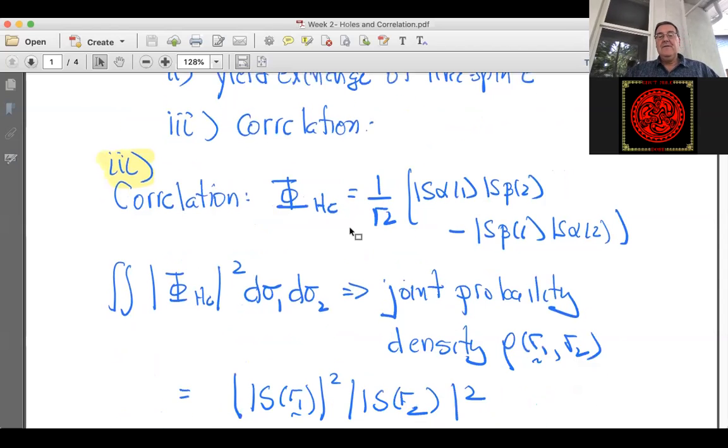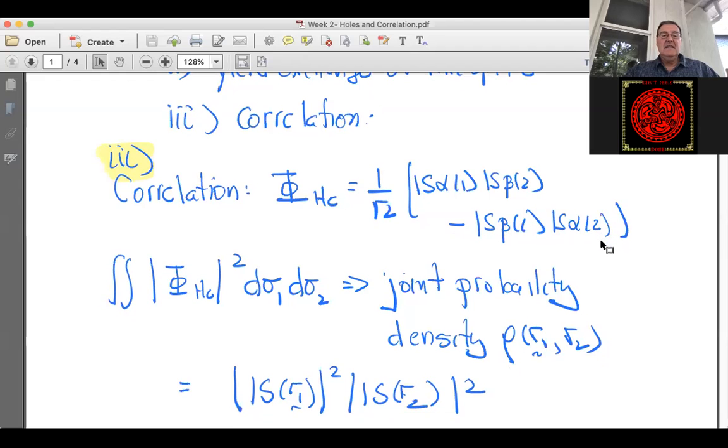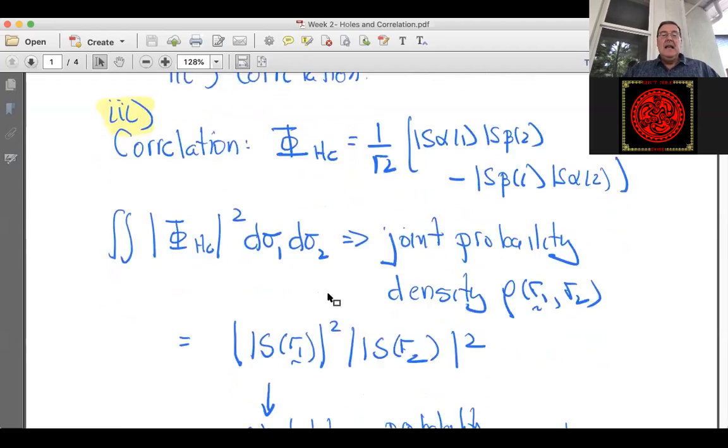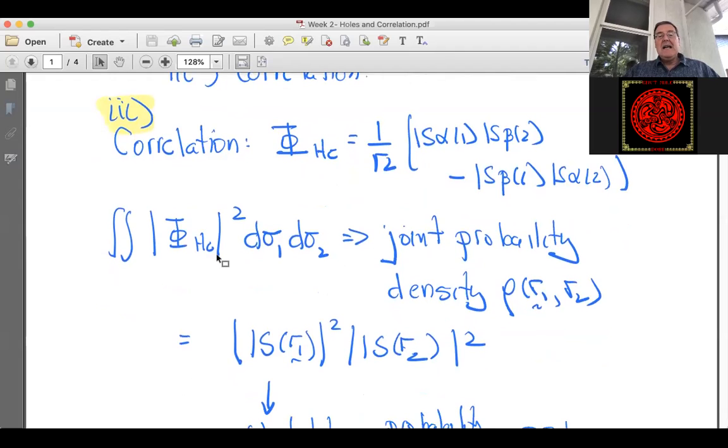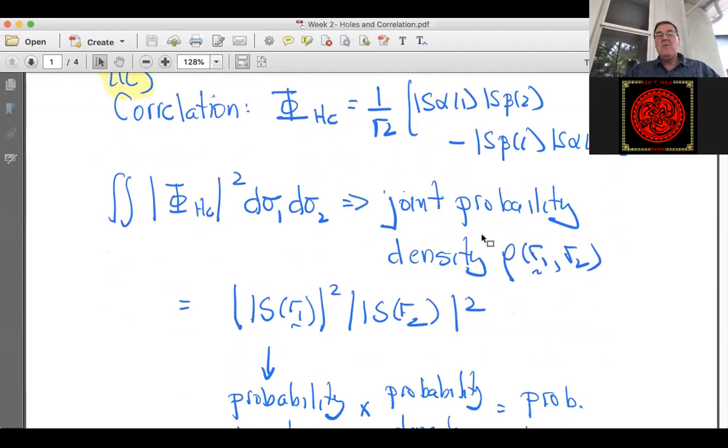But here's correlation. Here is the helium atom wave function in Hartree-Fock, the ground state. So it's 1s alpha, 1s beta minus 1s beta, 1s alpha. And if I multiply that out, so I take the absolute value squared of it and integrate over all space, I get 1. But the thing in here, once I integrate the spin parts, is a joint probability density.